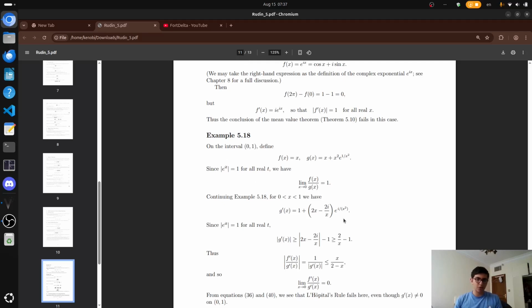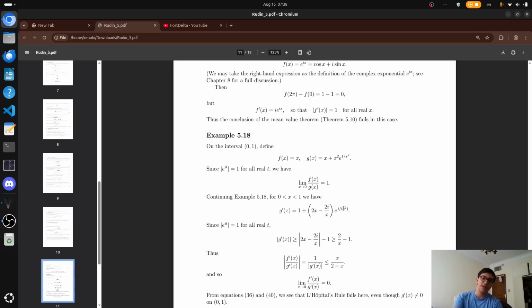Now for L'Hopital's rule, if you take these two functions, the limit as x goes to 0 of f(x) over g(x) is equal to 1. The reason is that basically this is going to be x over x plus x squared times e^(1/x²).